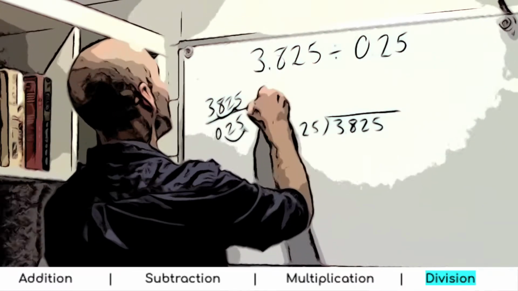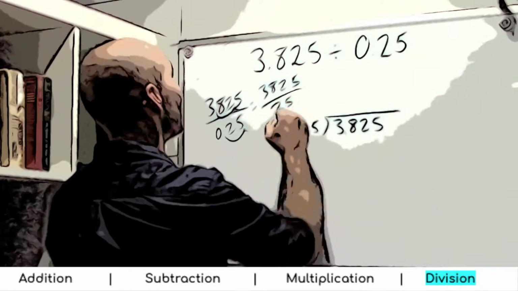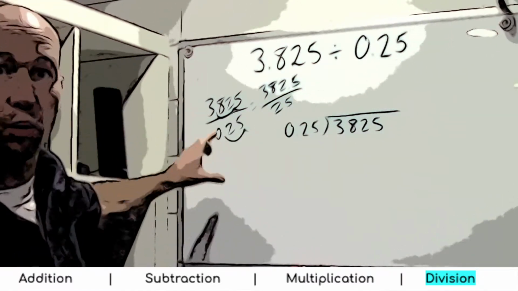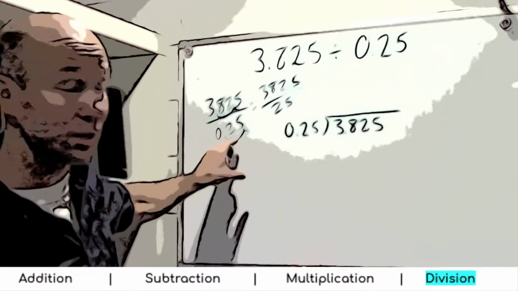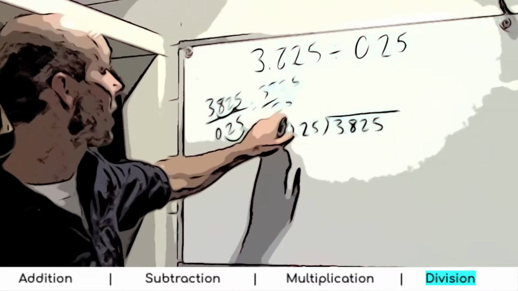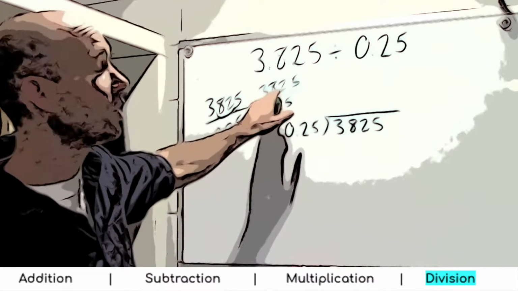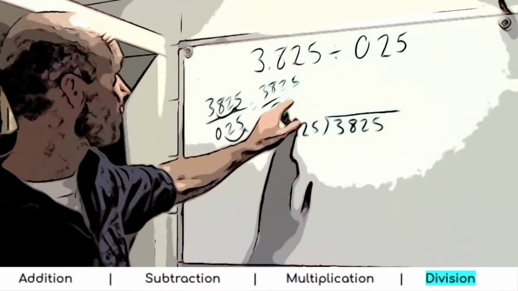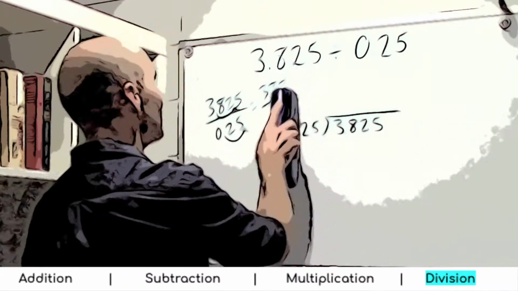So we get 382.5 divided by 25. These are the exact same things. They're equivalent fractions, because if I multiply times 100, then I get 0.25 times 100 is 25, and 3.825 times 100 is 382.5.